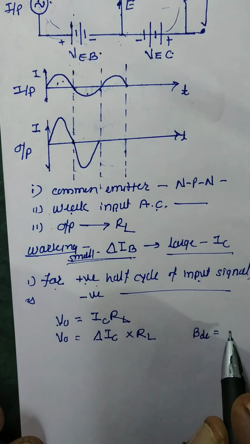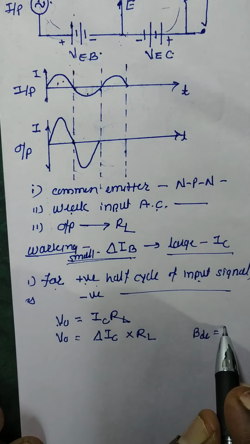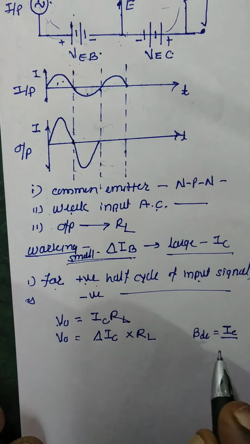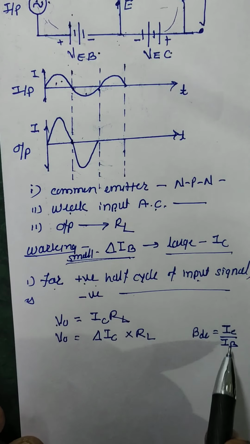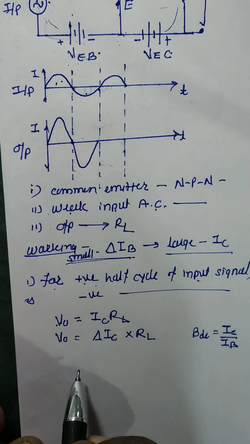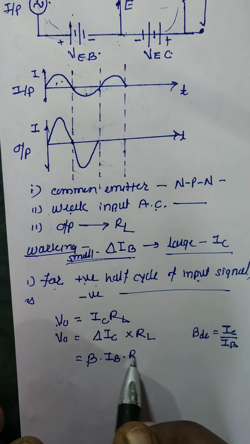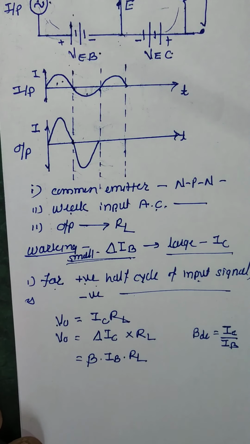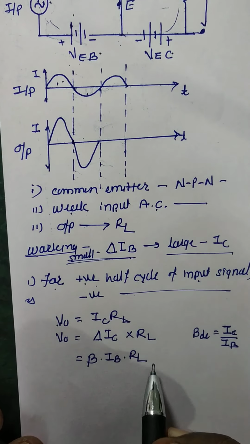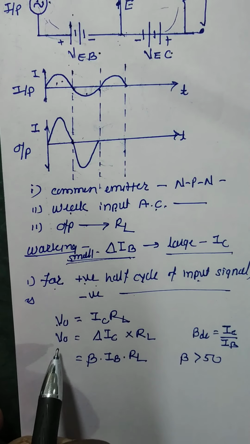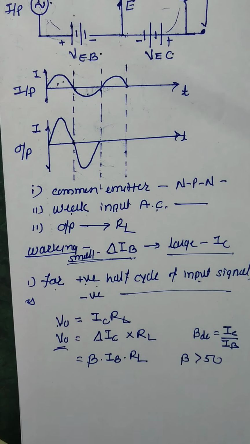But you see the ratio of collector current to base current is beta, and therefore change in IC is beta DC into change in base current into load resistance RL, where beta is current gain which is greater than 50.